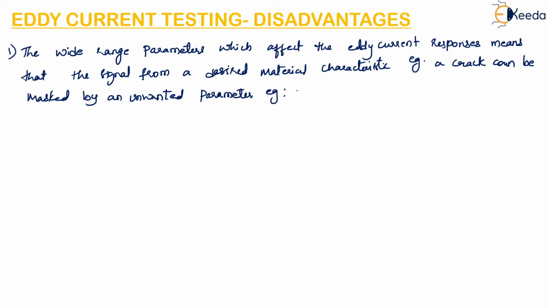Example, hardness. So this crack may be closed or may be masked by the hardness of the component. So that is why we will need to select the probe very carefully, and the electronics which we are using also must be selected very carefully.